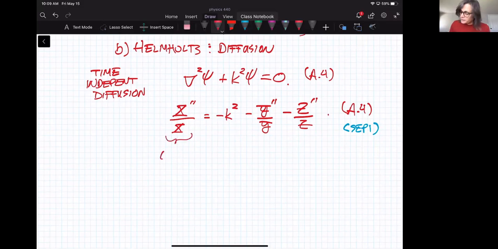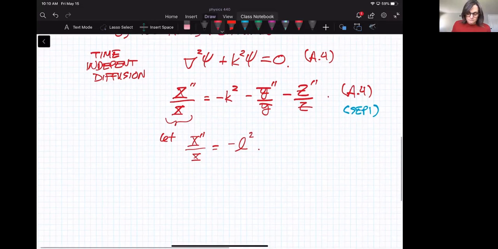So we'll let X double prime over X be equal to some constant, minus L squared. Some of this is experience, and some of this is knowing what the answer is ultimately.